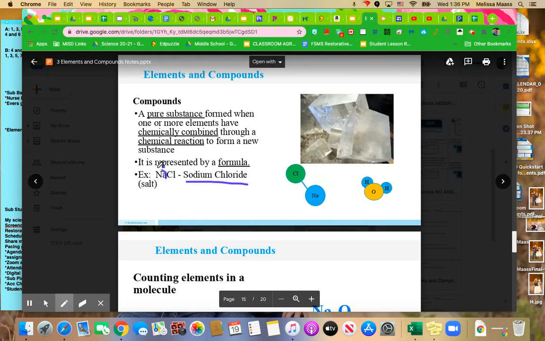So here's an element, and then we ran into a new capital letter, and this is a lowercase l, so Cl. So we have two different elements here. So yeah, that's that. I'm going to erase here, and we can move on.